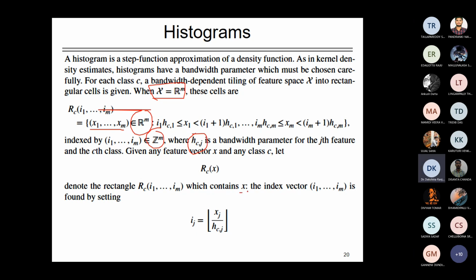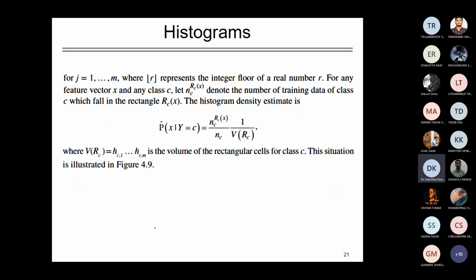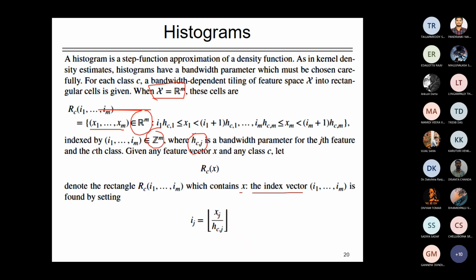This is the index vector i1 to im, which can be found by i_j given by the floor function over x_j divided by h_Cj. This will give us the index i_j for the jth feature.